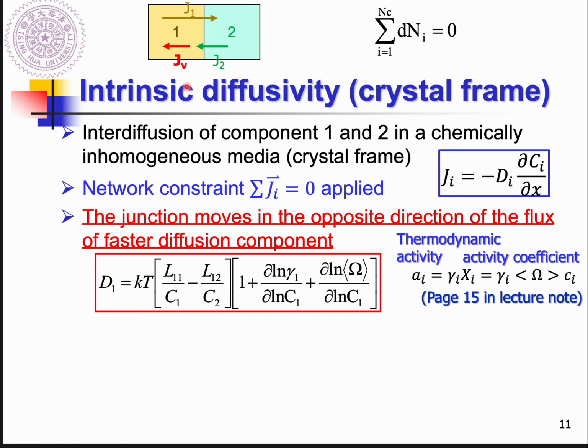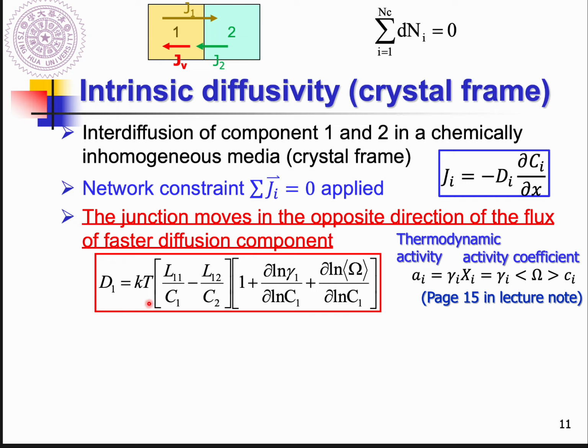Okay, and after the derivation shown on page 15 in the lecture note, the results demonstrate that intrinsic diffusivity can be expressed like this, and you can simply divide it into two terms, first term and second term. The first term, I believe you're familiar with, right?